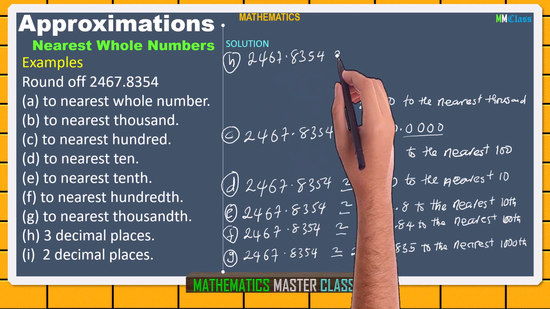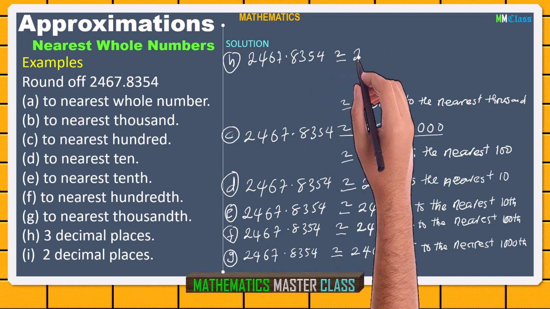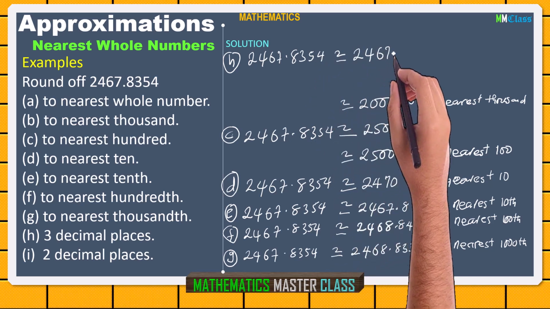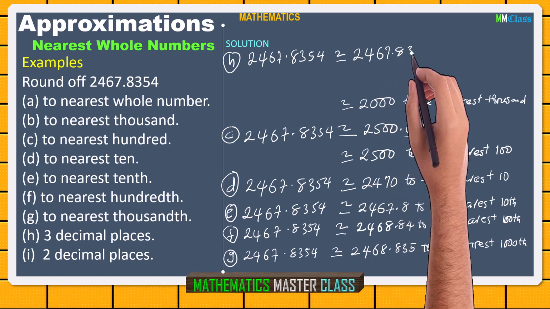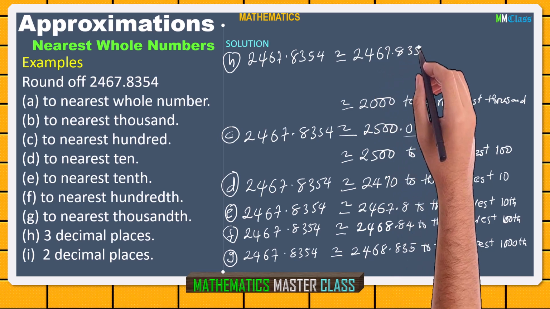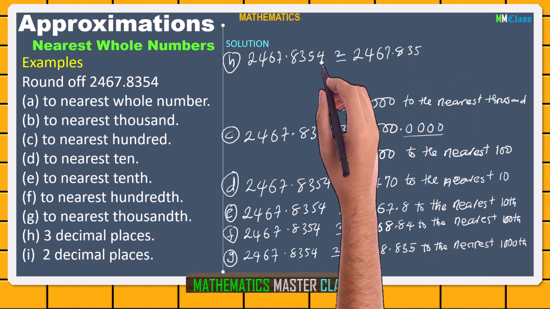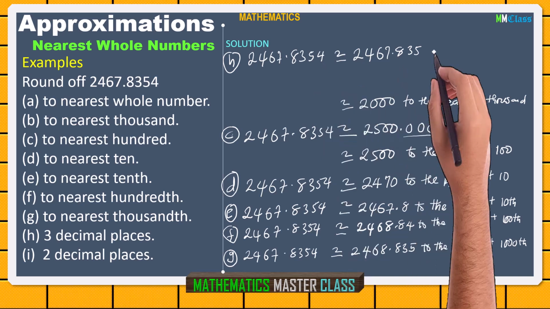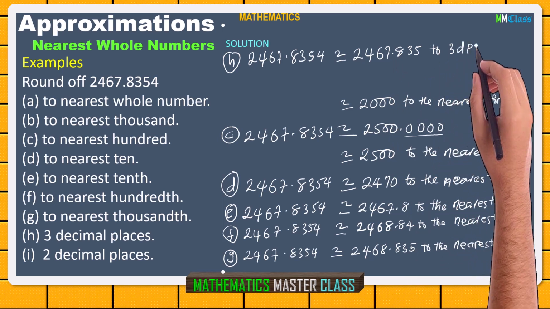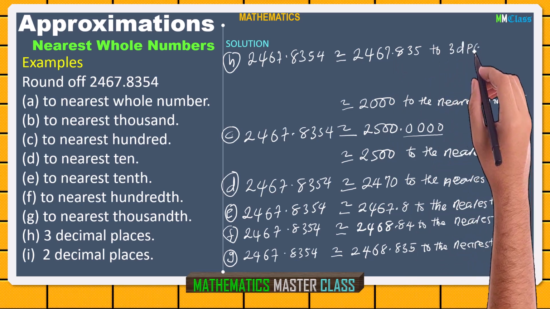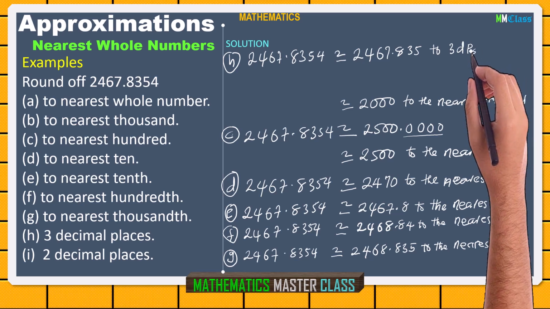To 3 decimal places, it will be 2467.835. So 4 is not a number to round up. So it's a number to round down, we round it down. So this is the answer to 3 decimal places.